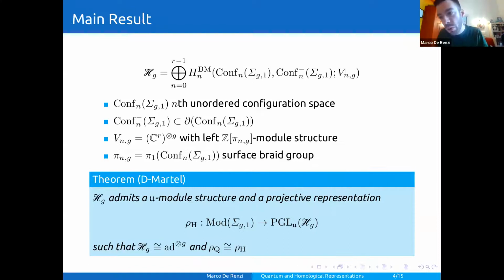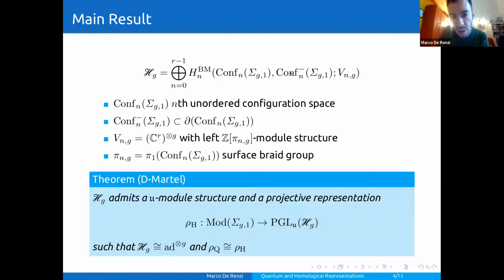And now for the main result, I will unfortunately need some more notation. So I use curly H sub g to denote this big vector space. This is a direct sum of certain homology spaces indexed by an integer n between 0 and r minus 1.